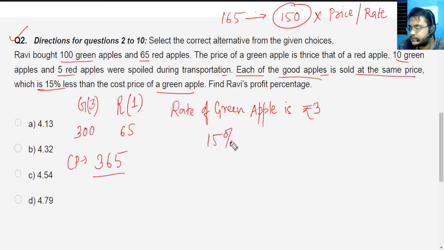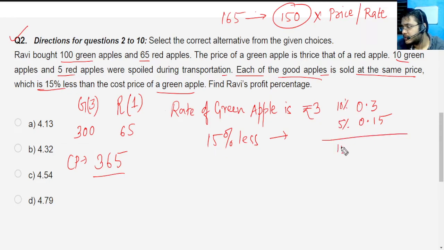15% less will be, see, if I consider 10% is going to be 0.3, 5% will be half of that, so 0.15.